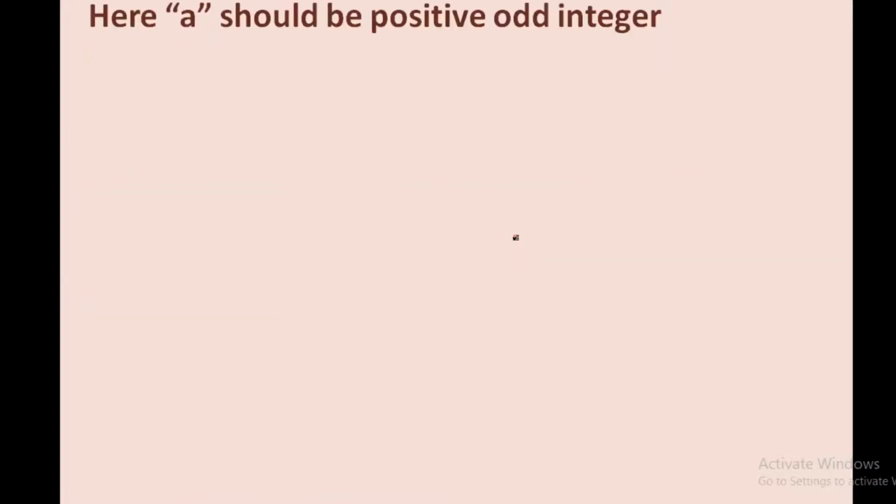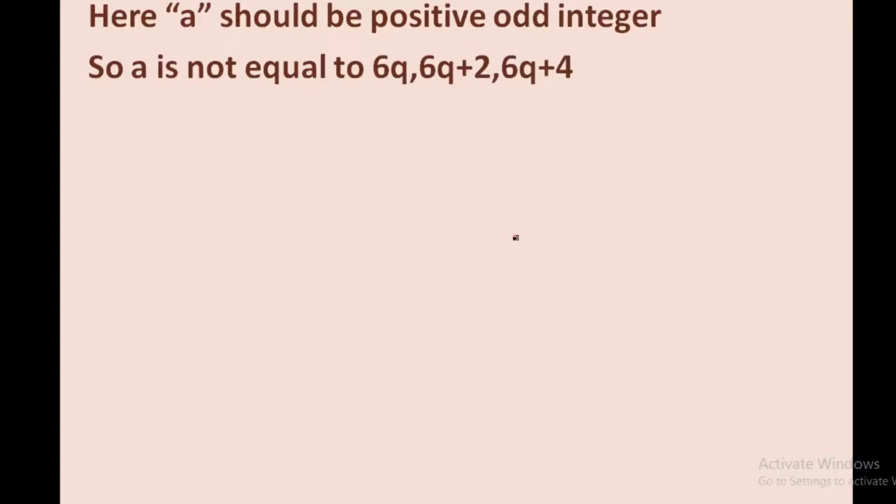So as asked in the problem that a should be a positive odd integer, we cannot consider 6q, 6q plus 2 and 6q plus 4, because they can be written as 2 times some integer. Upon taking 2 as common, 6q becomes 2 times 3q, and 6q plus 2 becomes 2 times 3q plus 1. Here also by taking 2 as common, 6q plus 4 is 2 times 3q plus 2.